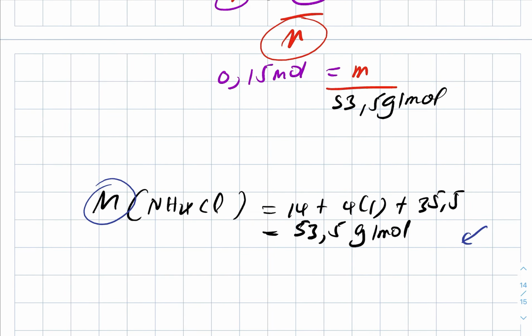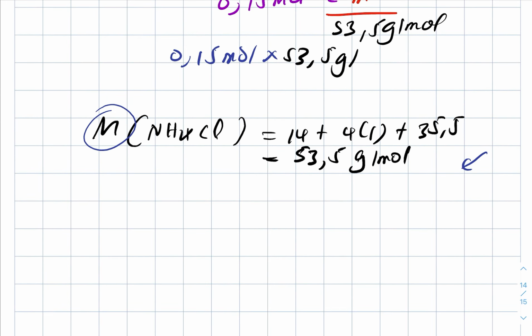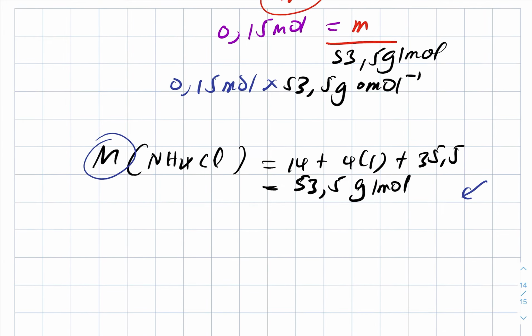From this point, we can cross multiply 0.15 mole and then multiply that by 53.5 grams per mole. I know a lot of you are used to mole with a -1, and that's going to give me the mass.